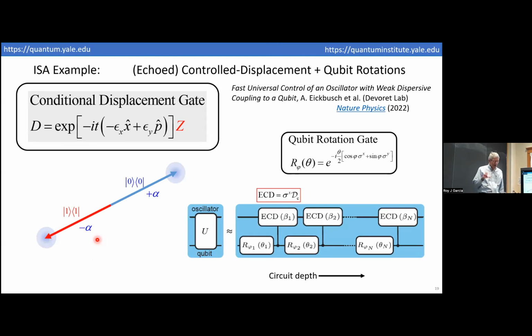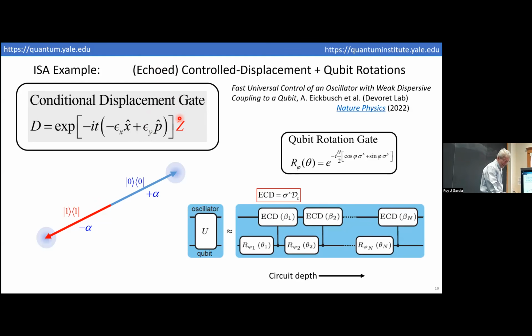Okay, so our workhorse is going to be what I call the conditional displacement gate. You can give a momentum boost or a position boost or some arbitrary boost in phase space in an arbitrary direction, conditioned on, let's say, physically it's always the Z Pauli matrix, but because I have the ability to rotate it, if I want to condition on X, I just rotate X of the qubit into Z, do the displacement, rotate back.